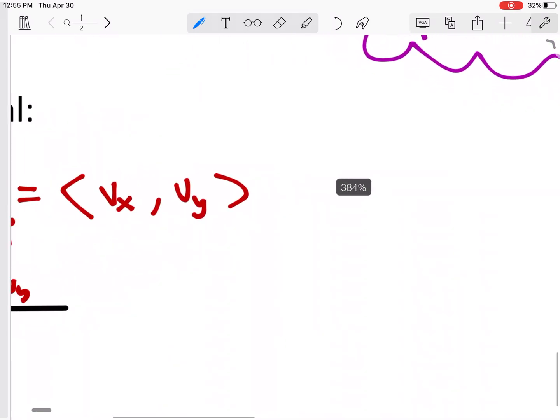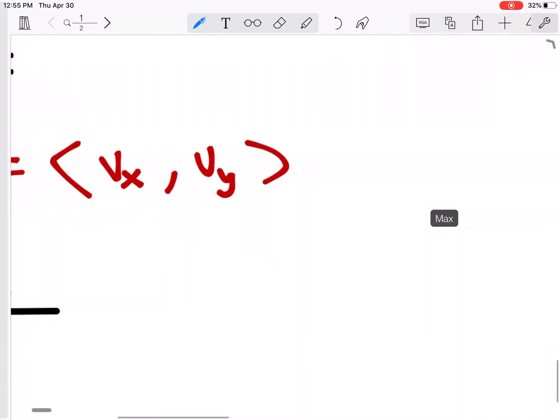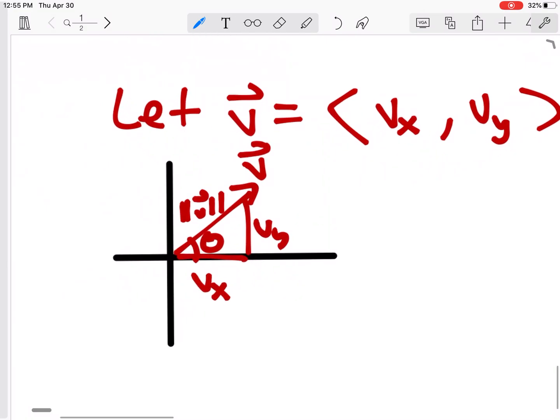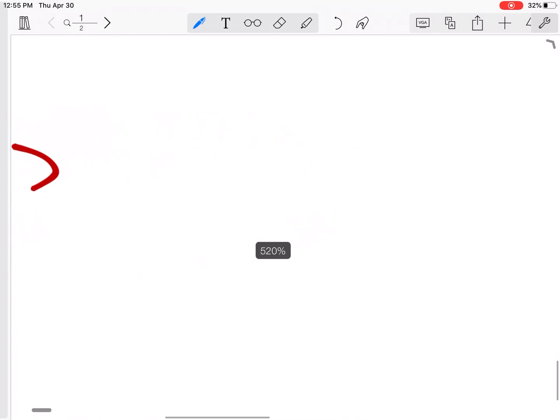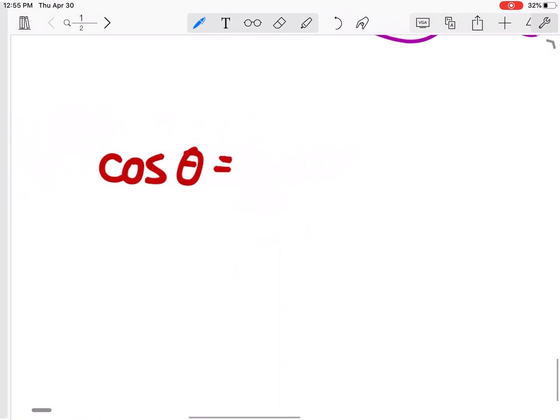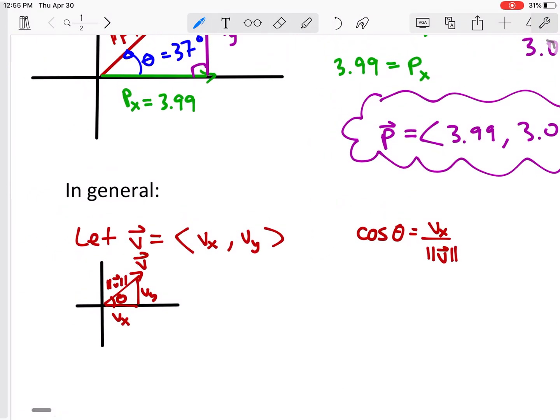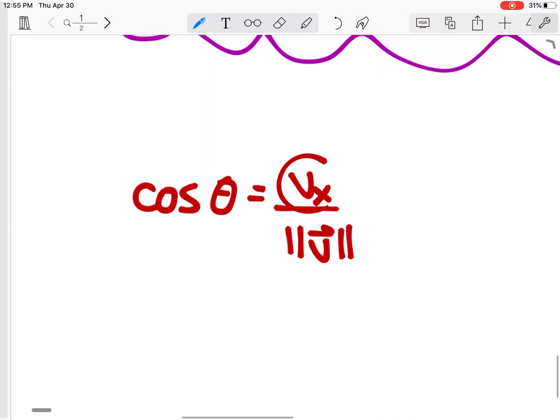Well, setting that up, I'll start with the horizontal component. Cosine of our angle is equal to the adjacent over our hypotenuse. So cosine of theta is equal to the adjacent side, which was v sub x, over our hypotenuse, which was the magnitude of v. And we want to solve for the component.